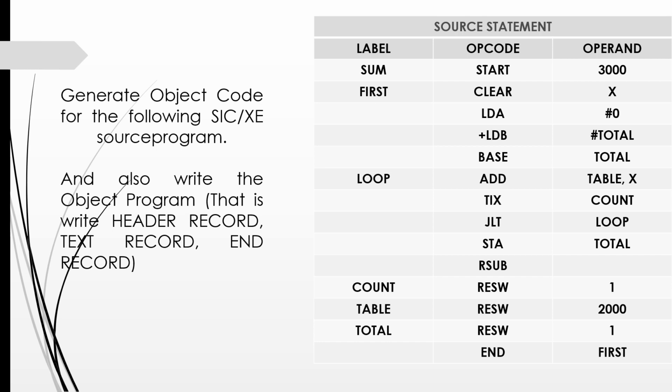The question is, generate object code for the following SIC/XE source program. The given table is the SIC/XE source program, and also write the object program, that is write header record, text record and end record. The given table is the source statement, which contains labels, opcode, that is object code, and the operands.